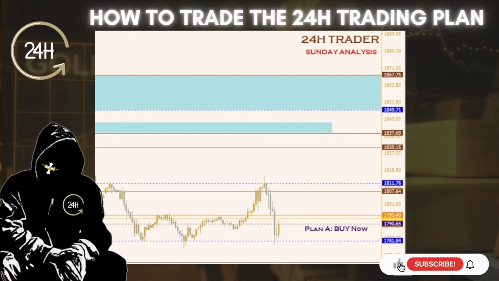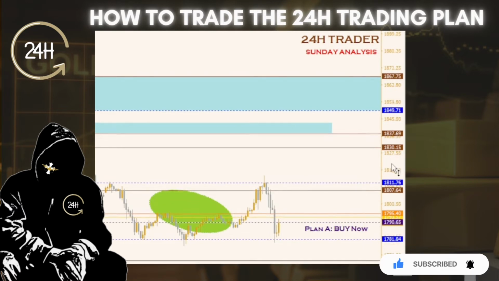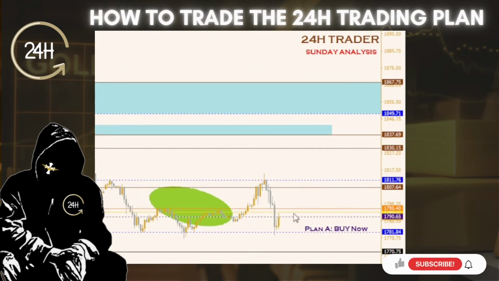So the pivot point from last Friday's candle is 1795.40. This is the pivot point, the orange line.